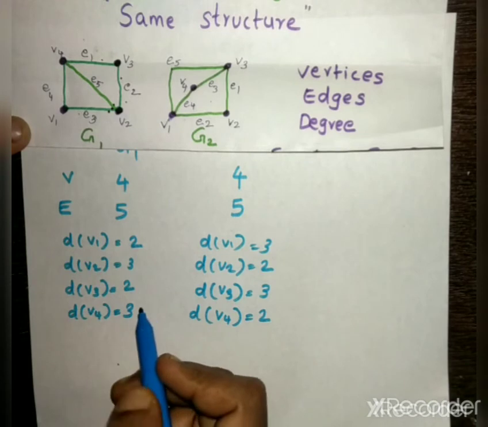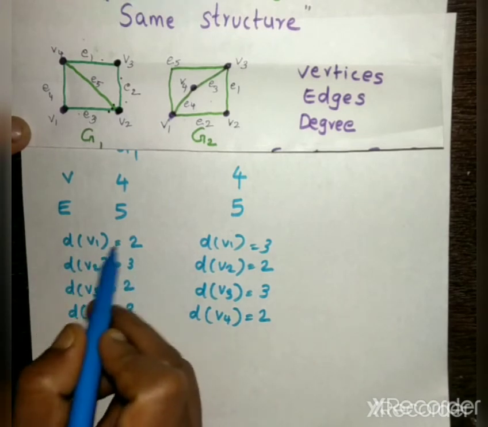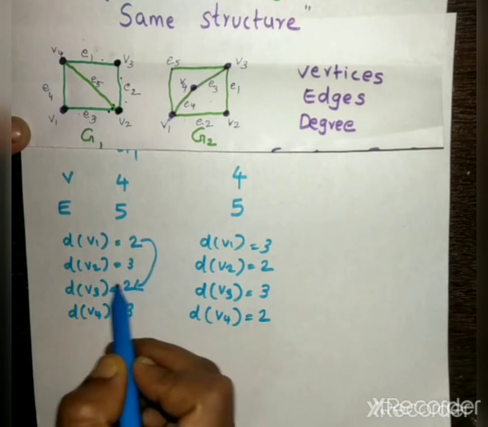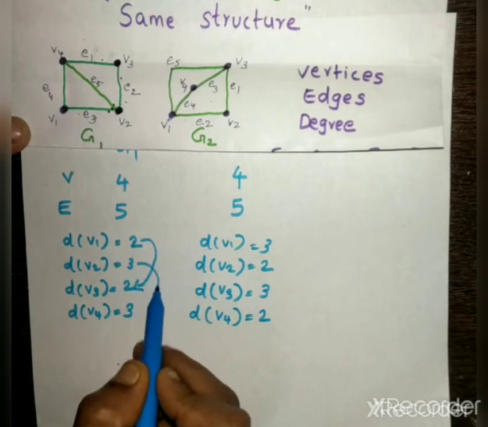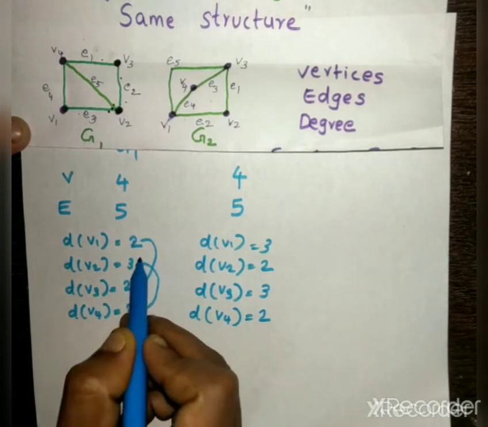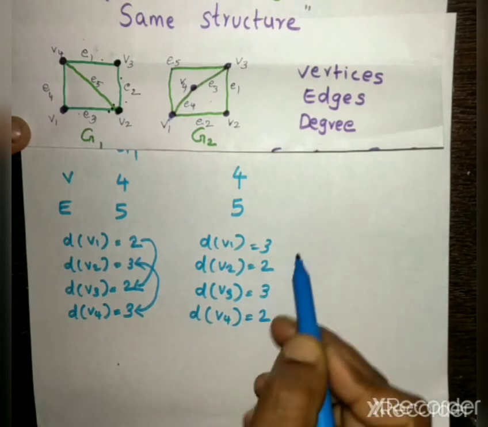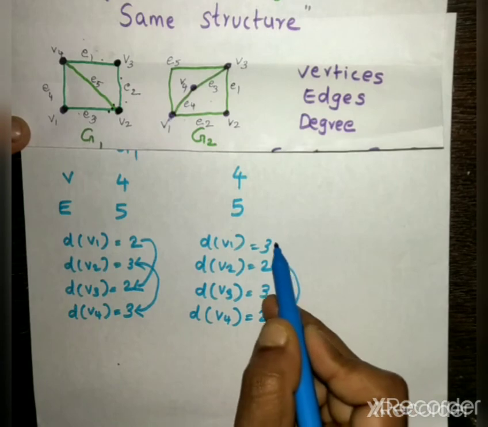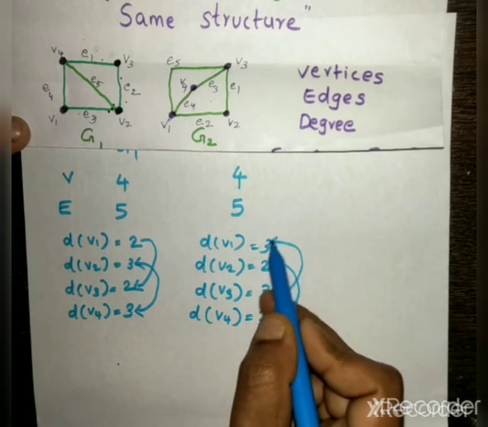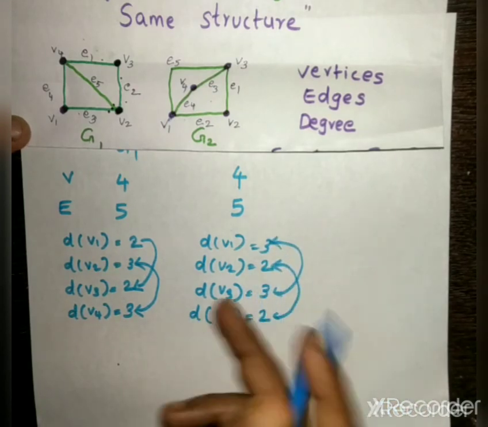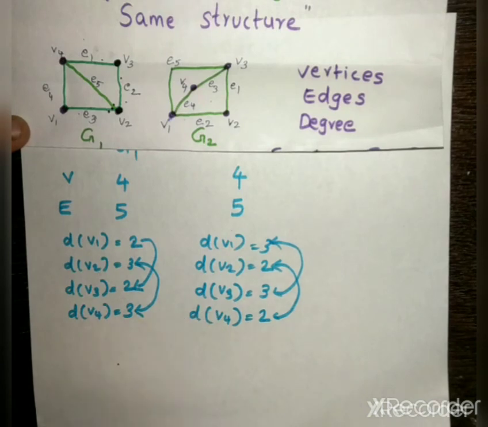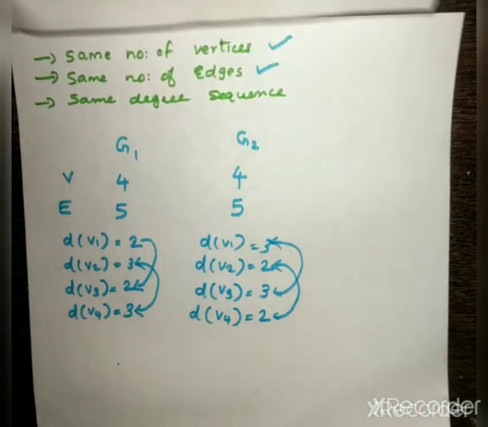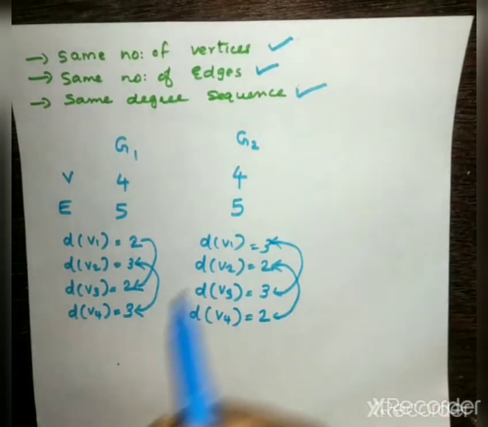So here we can see that there are 2 vertices with degree 2 and 2 vertices with degree 3. Here also, 2 vertices with degree 2 and 2 vertices with degree 3. So we can say that these two graphs G1 and G2 have the same degree sequence. Here the third condition is also satisfied.